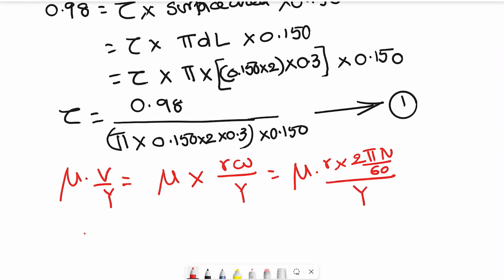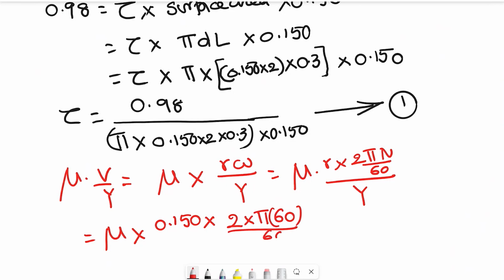Now if I substitute, R is equal to 0.150, omega is equal to 2 into pi into 60 by 60, divided by 5 into 10 to the power of minus 3. So this is the second equation.